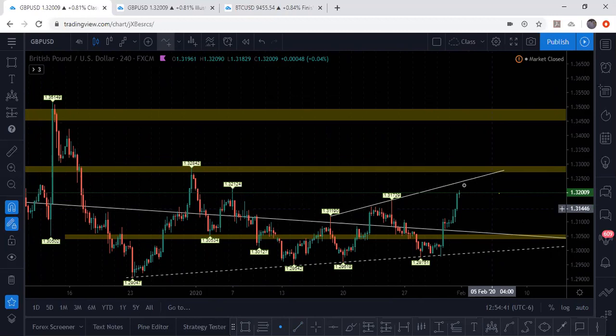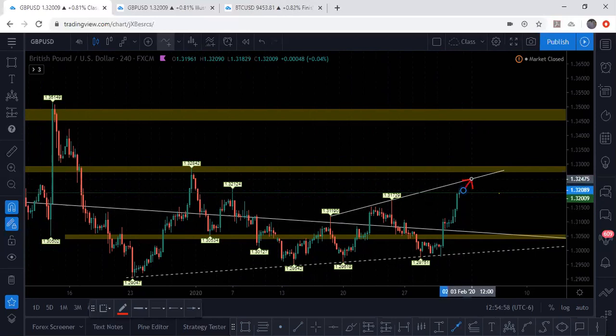We want to wait because if it touches this trend line, it might indeed touch this trend line. This thing is acting silly today. It might indeed go up here, touch this trend line, and from there come down here before it goes up here.